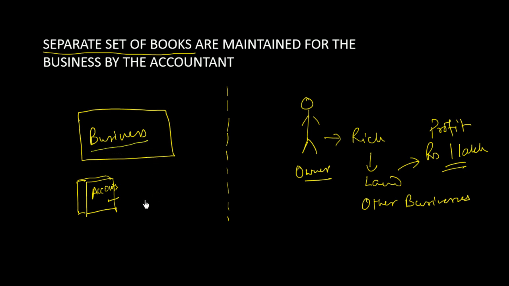He is not going to record any other transaction apart from the transactions that happen within the scope of this business. Since the profit earned by the owner by using this land does not become a part of the profit of this business, it will not be recorded in this set of books. So let us see the other part.